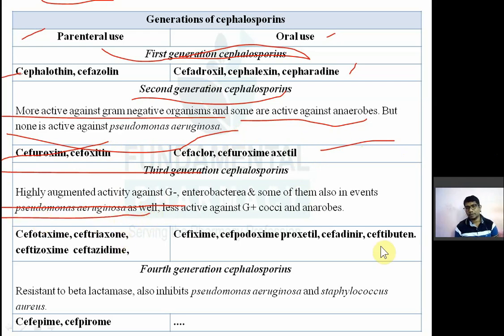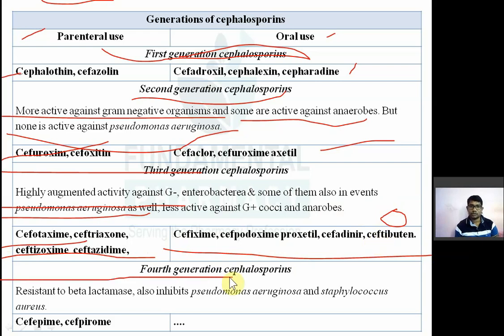Less active against gram-positive. In third generation, they are more active against gram-negative than gram-positive. Those used parenterally are cefotaxime, ceftriaxone, ceftazidime, and those used orally are cefixime, cefpodoxime proxetil, cefdinir, and ceftibuten.